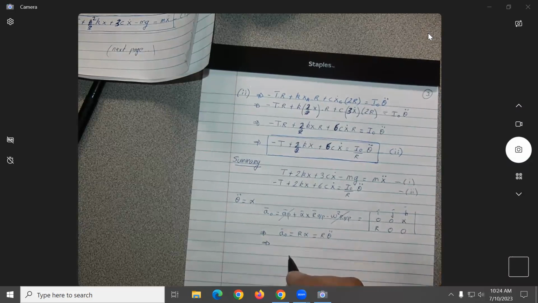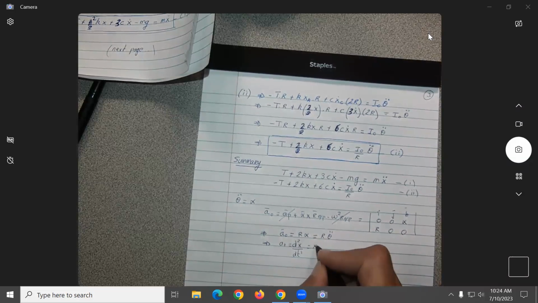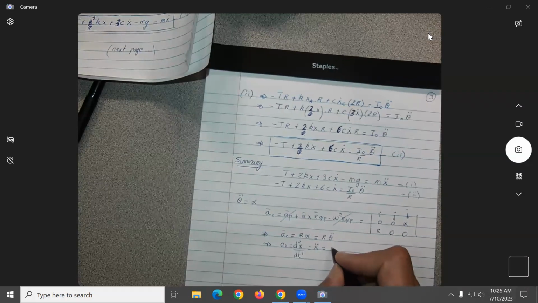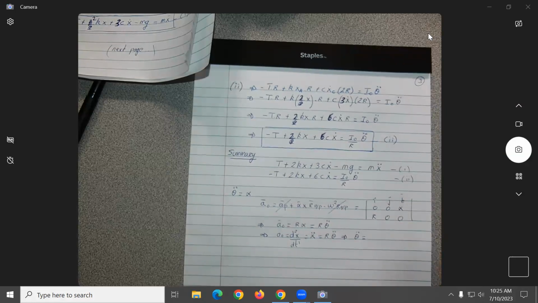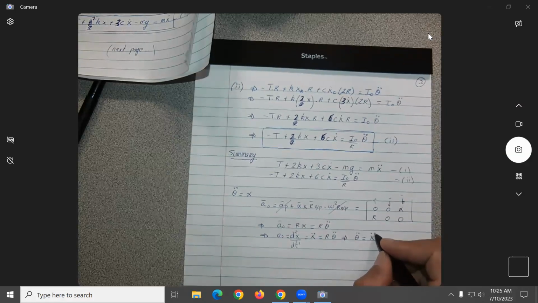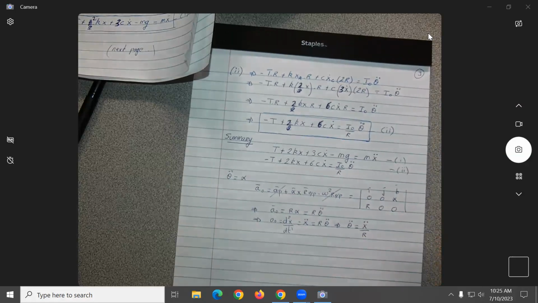And by definition, what is A sub naught? It is the second derivative of x over dt squared. So basically this gives us the relation x double dot equal to R theta double dot, which is going to mean that theta double dot will be equal to what? x double dot over R, no?